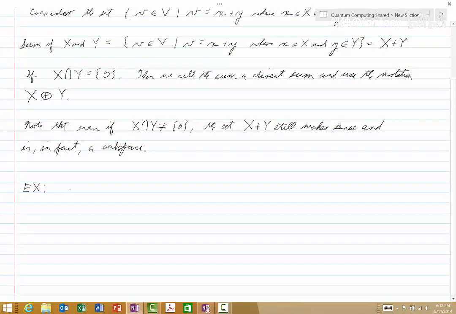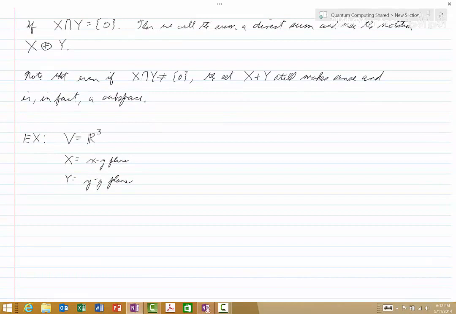this is related to an example we saw in class, but we'll elaborate on it. So for our example, let V equal R3, X equal the XY plane, and Y equal the YZ plane. Now, as we observed before, the intersection of X and Y in this case is the Y-axis.